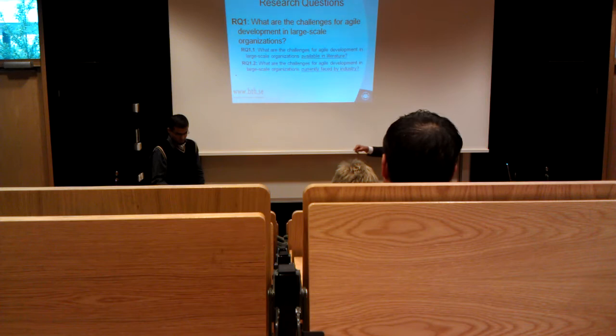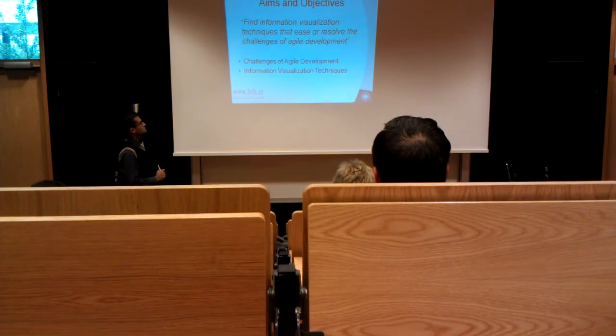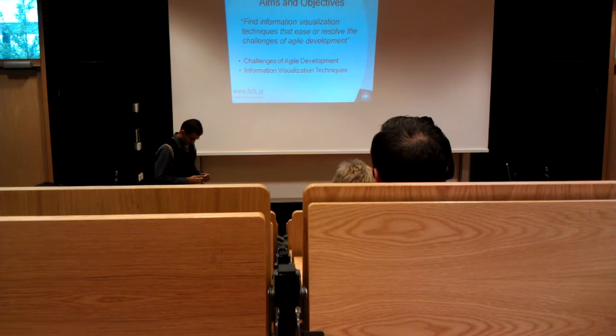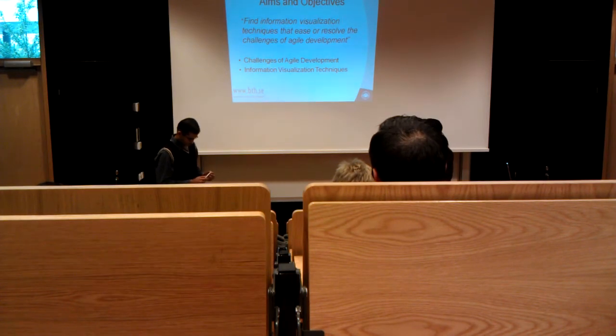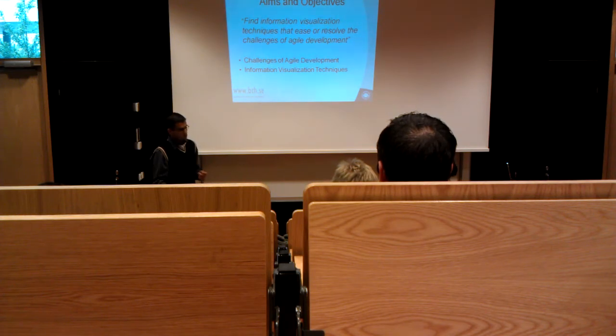Both goals have two sub-categories. For the challenges of Agile development, we have to find in the literature what the challenges are and what challenges are faced by current industrial experts. For information realization techniques, likewise, what techniques are available in the literature and currently practiced by industrial experts?